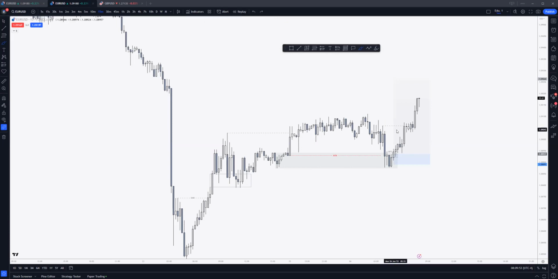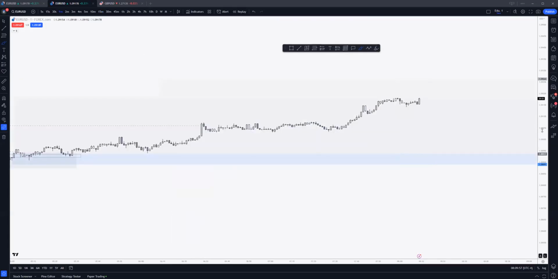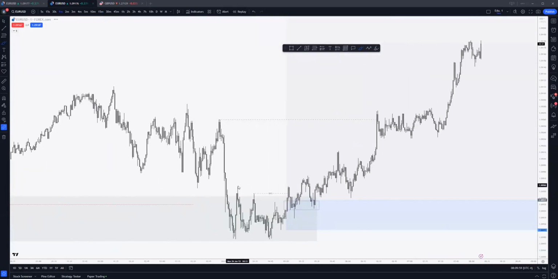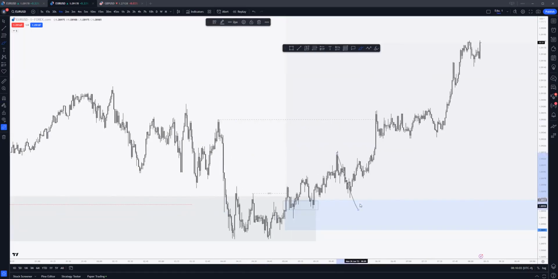Otherwise you start tripping yourself up, thinking we're coming into this extreme so I'll go break even here. It comes down, reacts to this, takes you out at break even. Or you go break even above here, it comes back and takes you out.